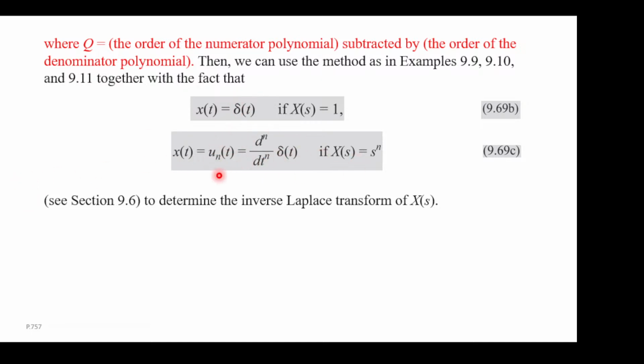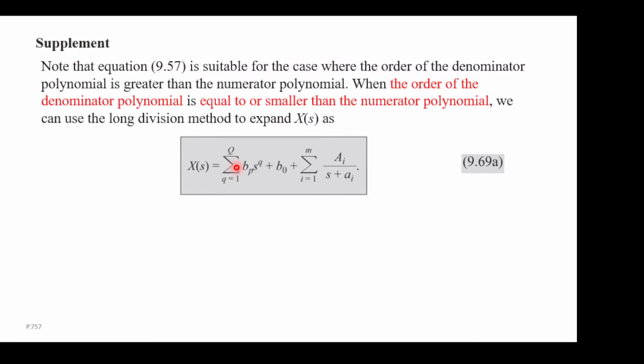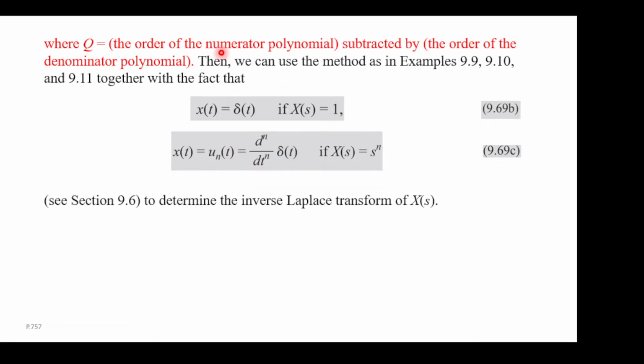Those are the singularity functions. We call them u_n. It's the nth derivative of delta of t. And this really completes the Laplace transform of everything. Unfortunately, you get a lot of singularity functions. So the constant term gives you the delta function, and s to the nth power gives you u_n.